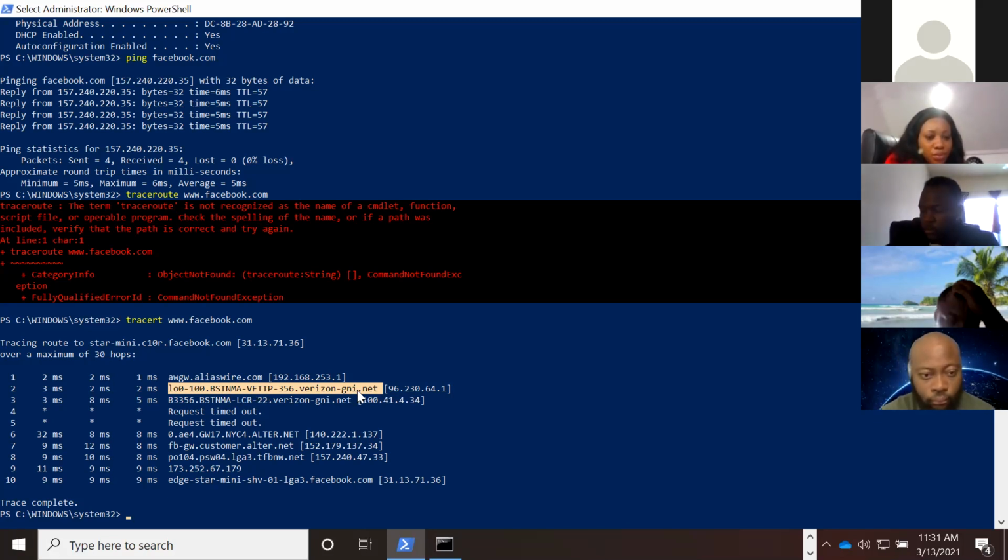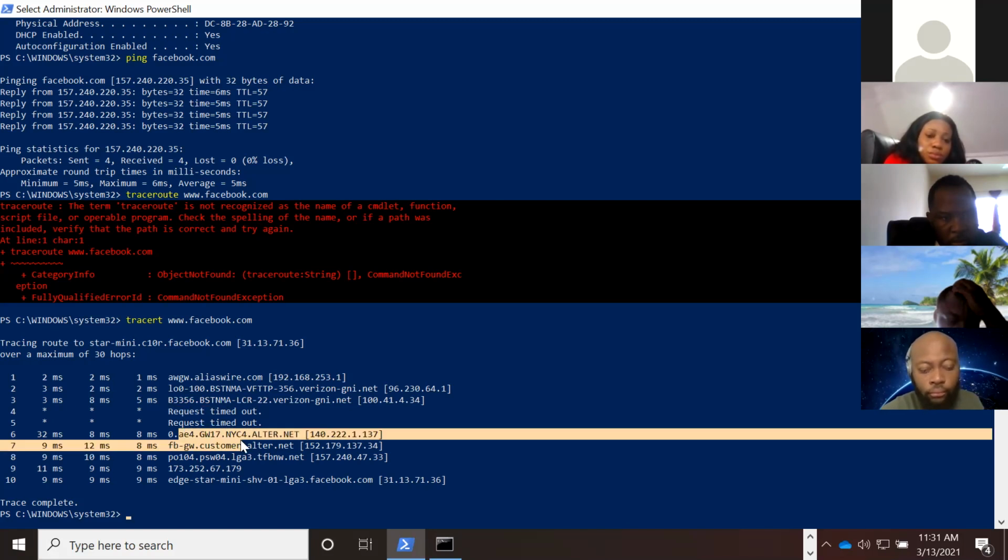So it jumps to another Verizon router right here, and after that, it jumps to another Verizon router right here. And guys, we do have two timeouts here. Sometimes you get a timeout because some sensitive data centers won't allow their data center names to be displayed to the public. So that's why you see a timeout.